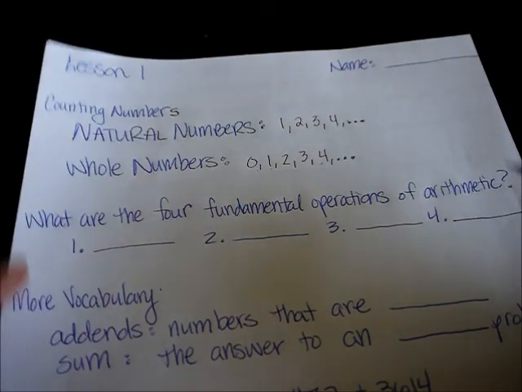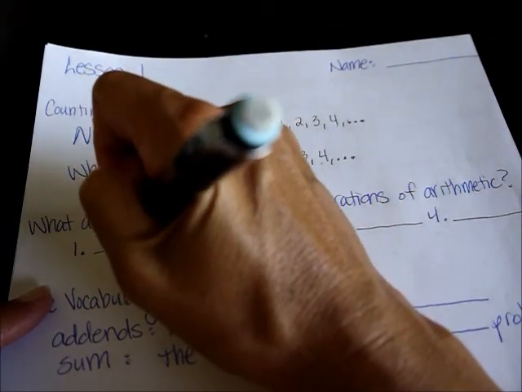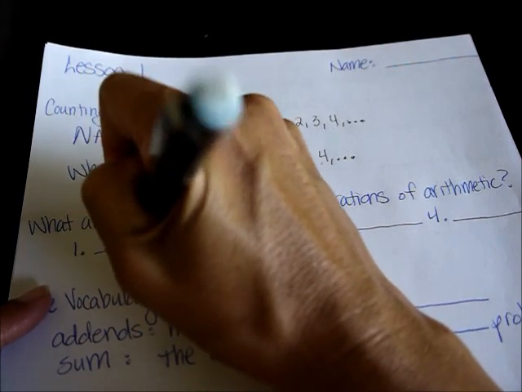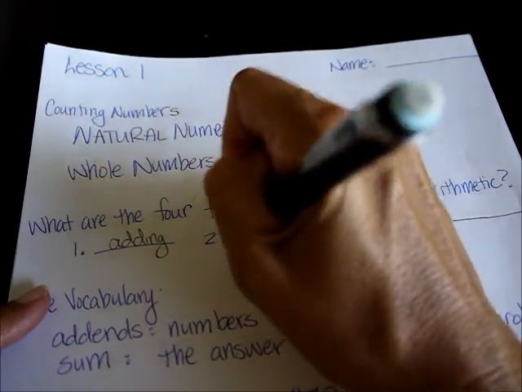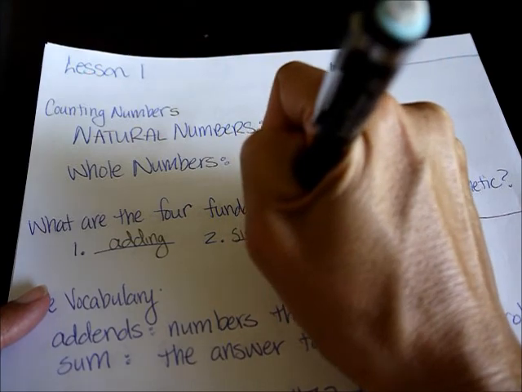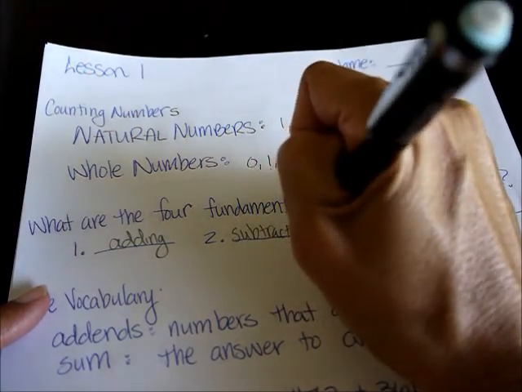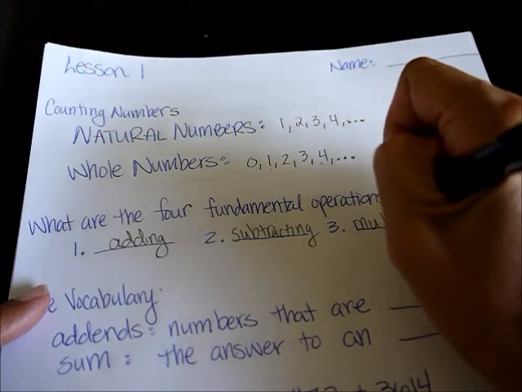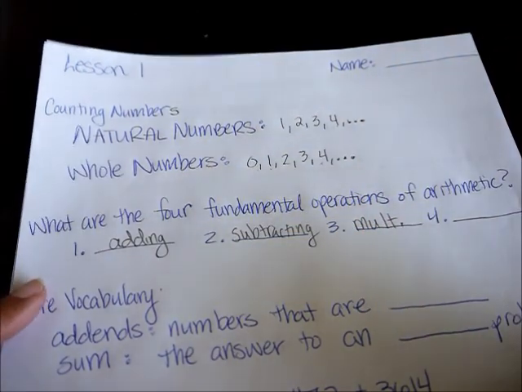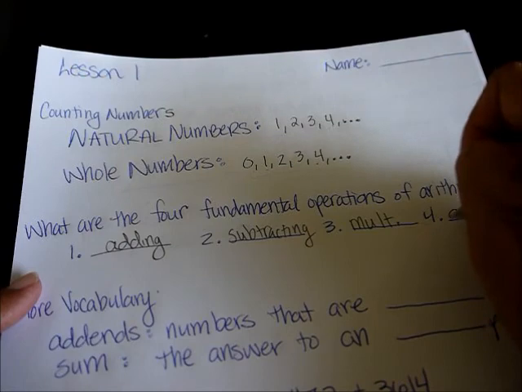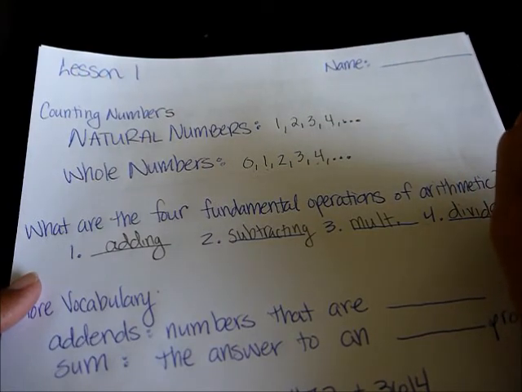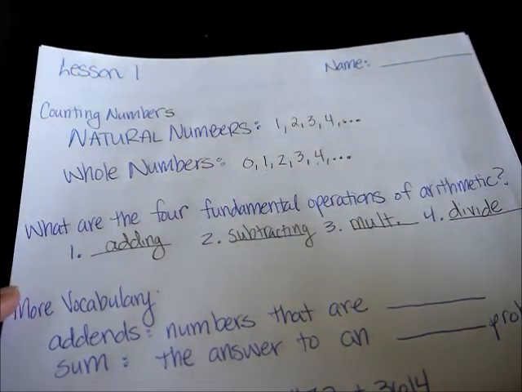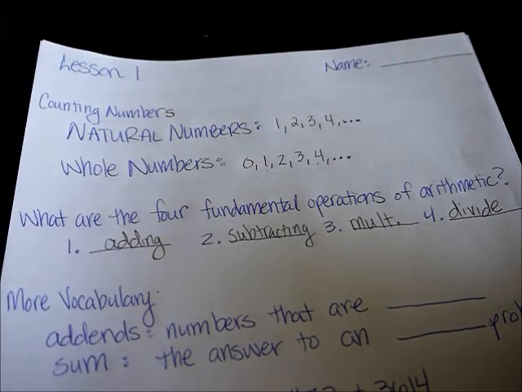We're talking about just arithmetic, and that is adding, subtracting, or subtraction, whatever you want to write. Adding, subtracting. I'm going to just write mult. I'm going to abbreviate that, and you may too. And divide. Okay, so those are the 4 things we can do. Add, subtract, multiply, or divide.